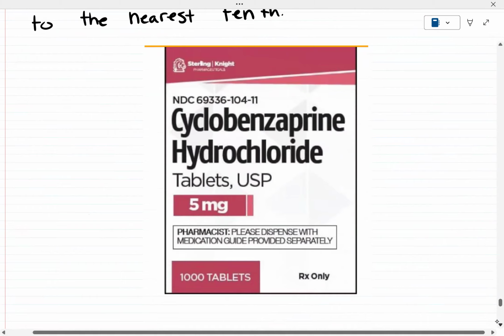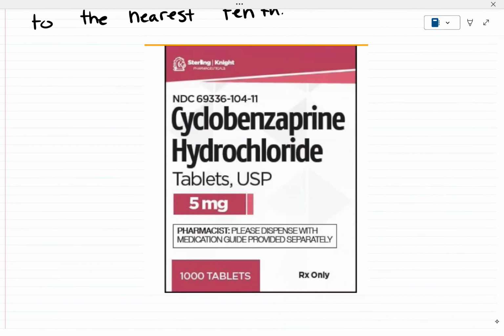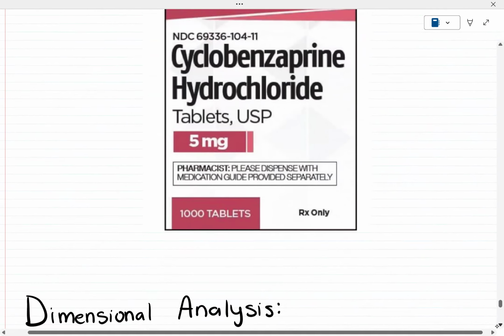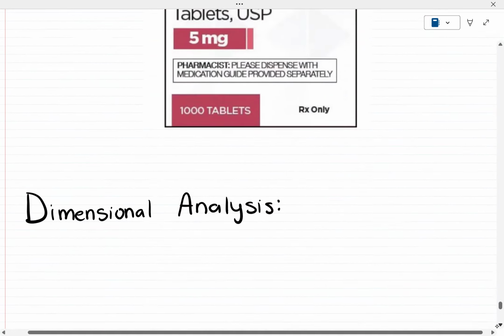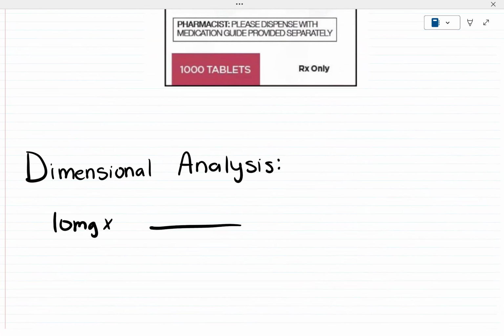First step is, do we have to do an extra conversion? Our desire was in milligrams. Our availability based on the prescription is also in milligrams, so we are good. So we can start with dimensional analysis. 10 mg times mg on the bottom, tablet on top.